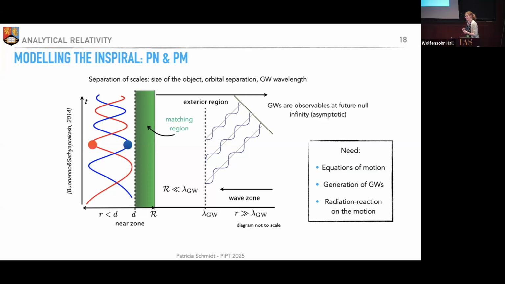And so that's the important bit here. So what you need is equations of motion, so some description in the near zone, which eventually gives us the metric in the near zone, which tells us how the objects move. We need the generation of the waves and how it links to what we observe at future null infinity. And then we also need to take self-consistently into account the back reaction onto the source.